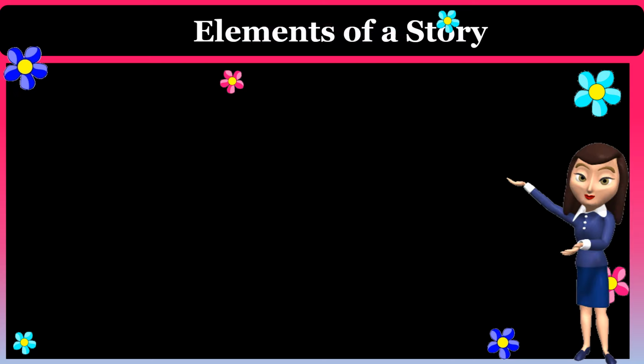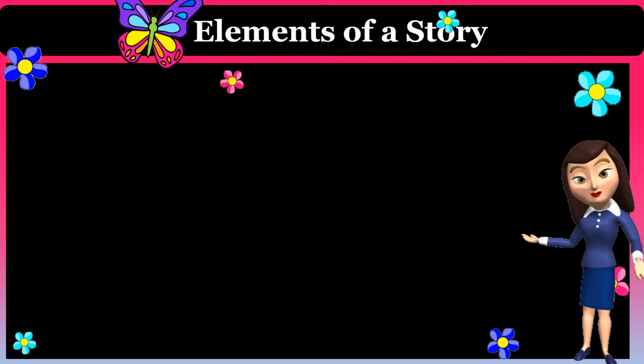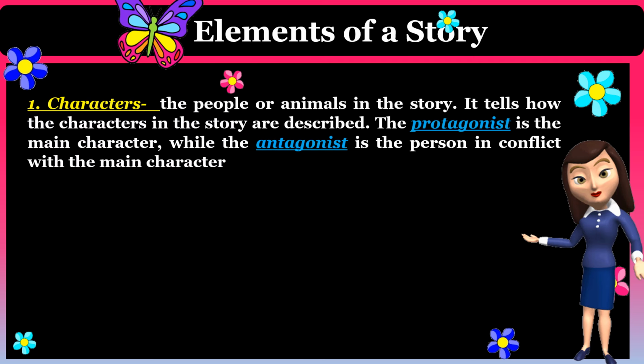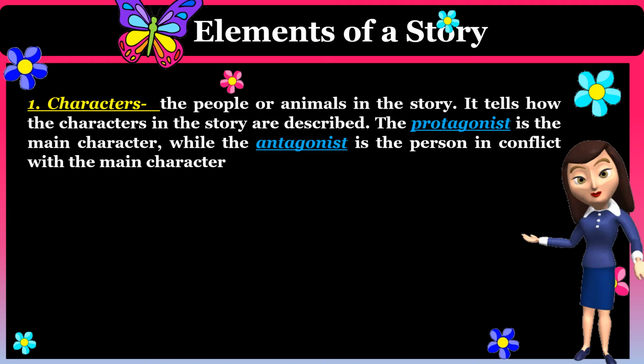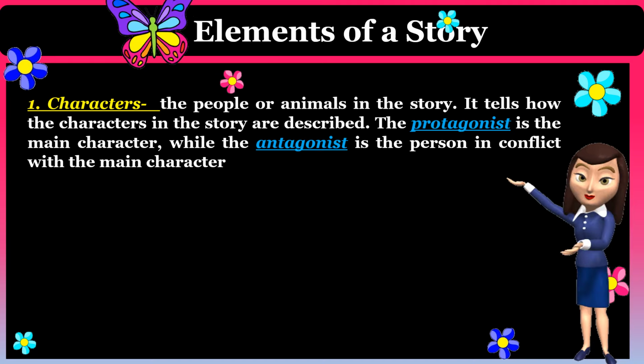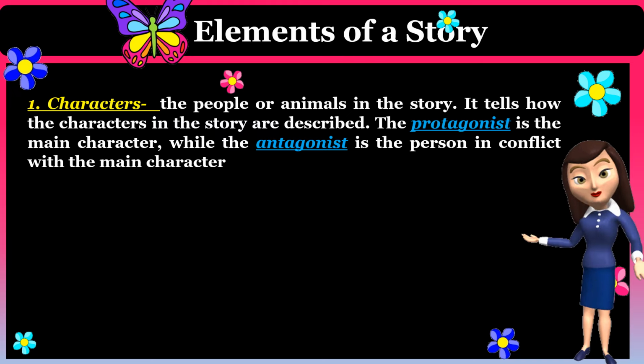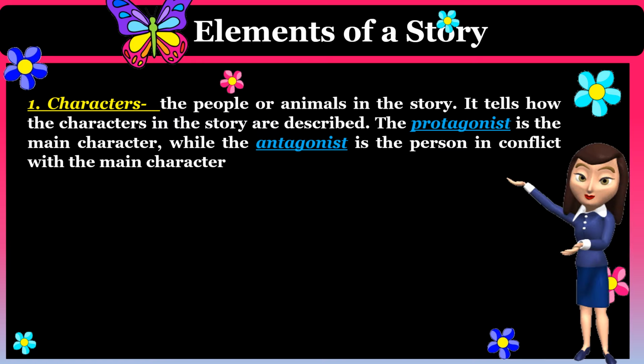we're now going to talk about the elements of a story. So the first one is characters. These are the people or animals in the story. It tells how the characters in the story are described. Now we have two kinds of characters, class, and you have to remember this.